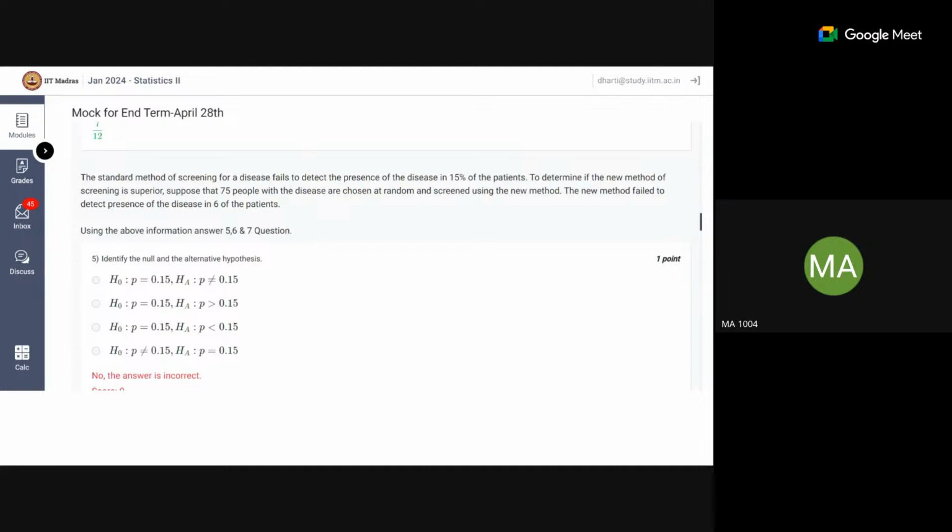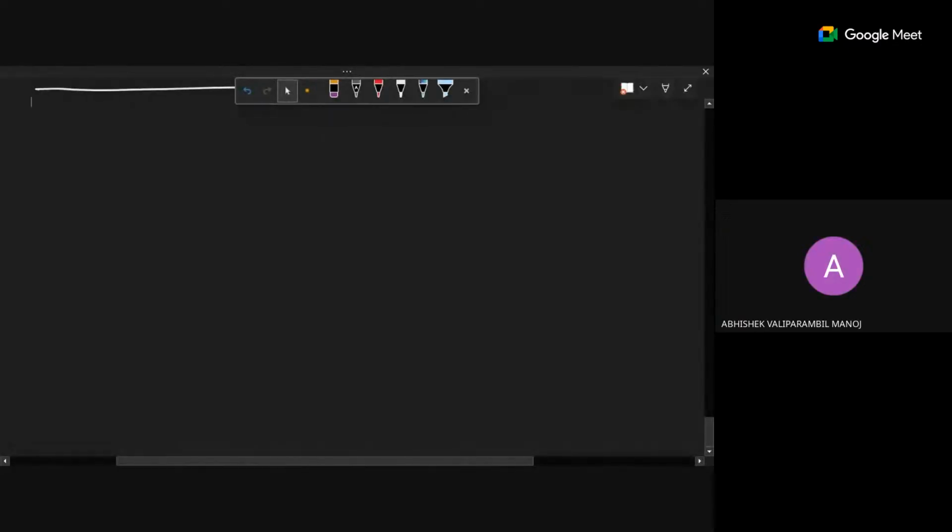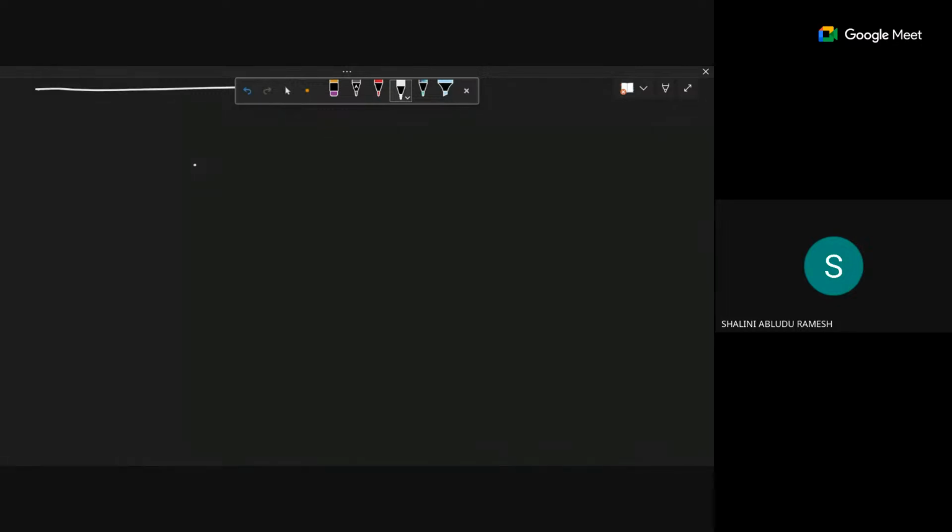Why not greater than 0.15? Because it may be possible that in the new screening method, the detecting is much poorer than the standard method. So how will you check whether to use the new method or the standard method? Ma'am, it is saying that the new machine should be superior to the existing machine.